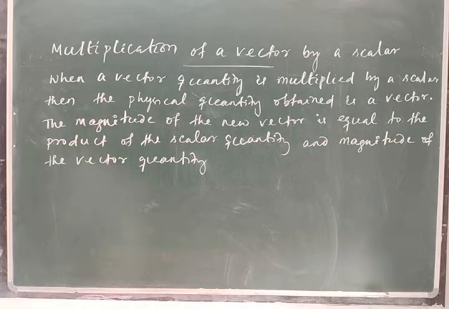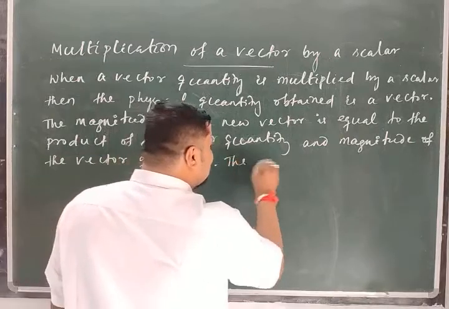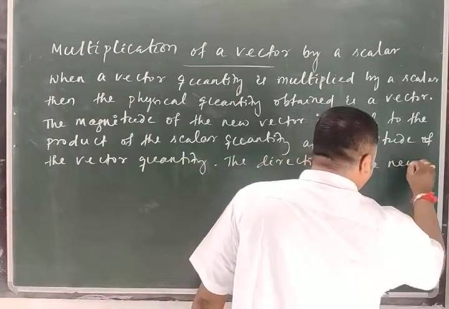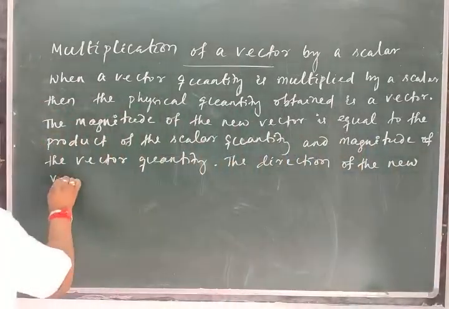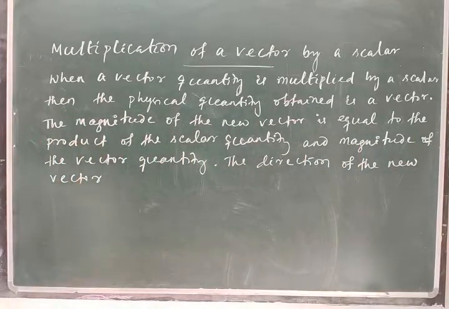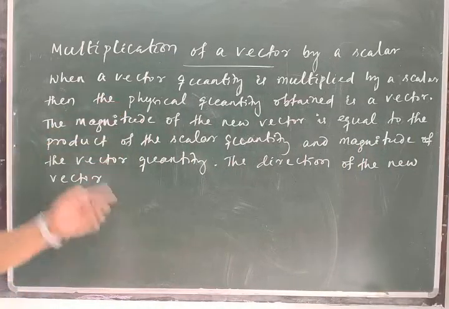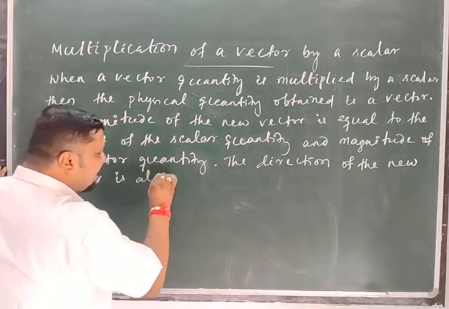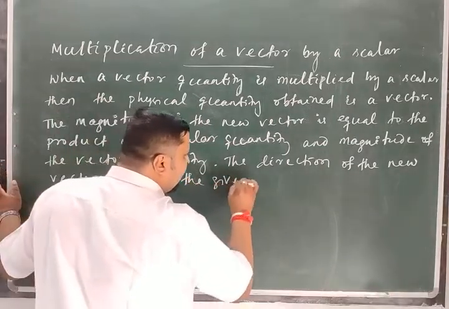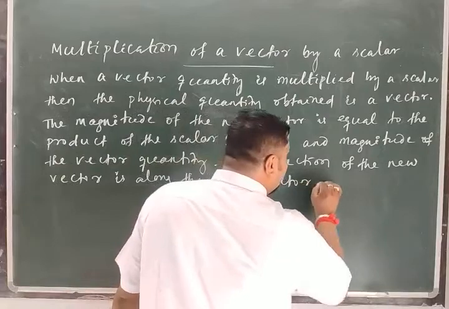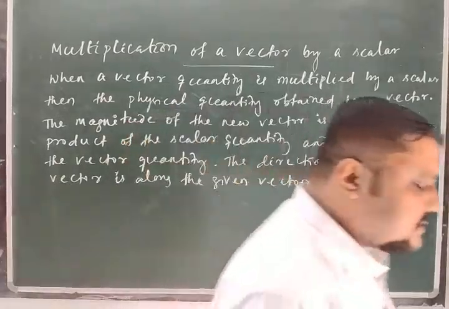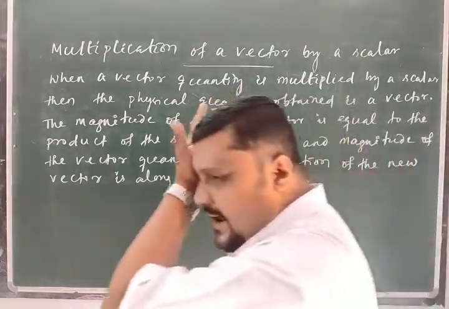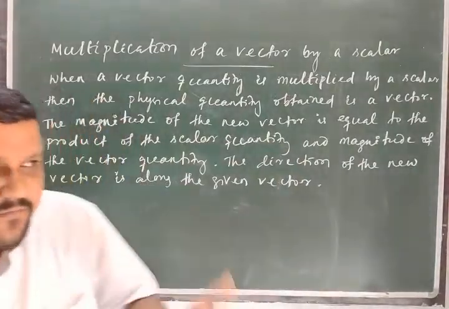Next, the direction of the new vector. The direction of the new vector, or of the physical quantity represented by that vector, is along the given vector, and it has many applications in our vector calculations and in different topics.